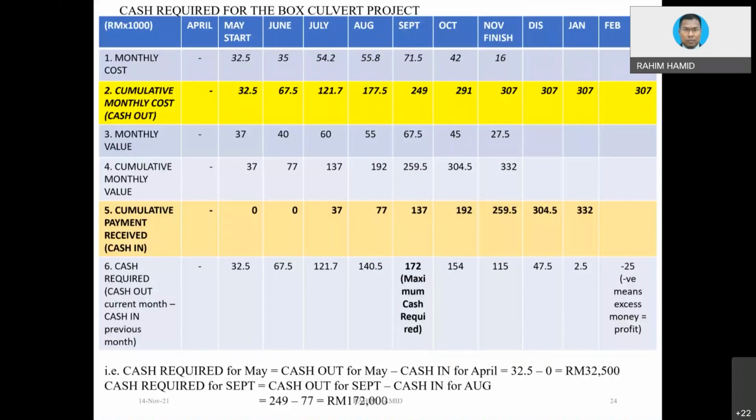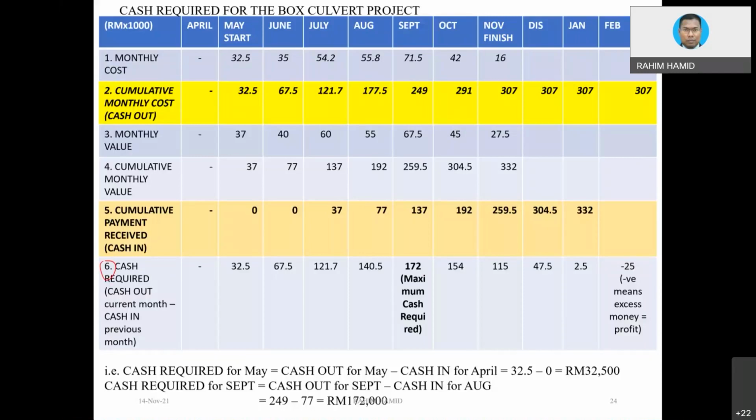The most important thing is that you know which values you are going to consider as net cash in and cash out. That is the most important, because the last value that you are going to get is basically cash required. Item number 6 here is basically the subtraction between cash out and cash in.